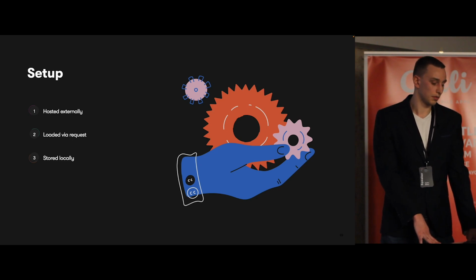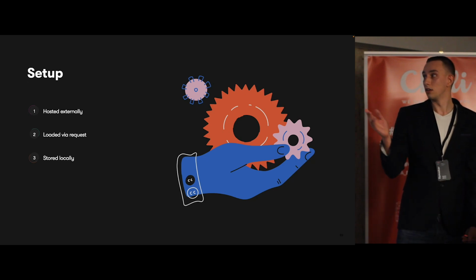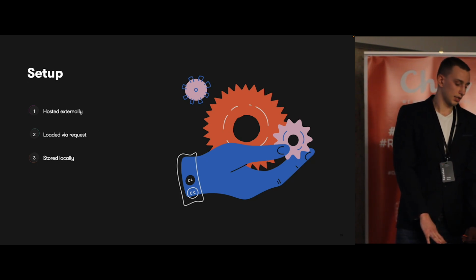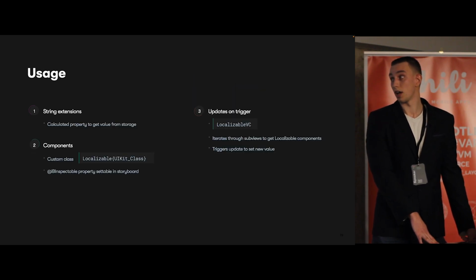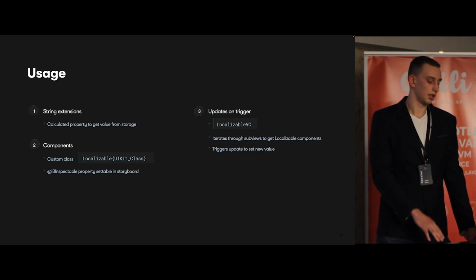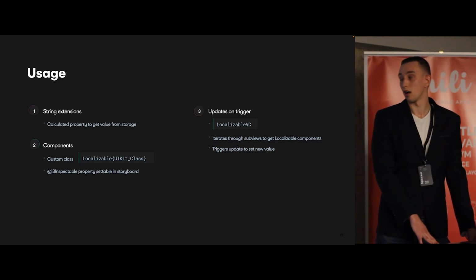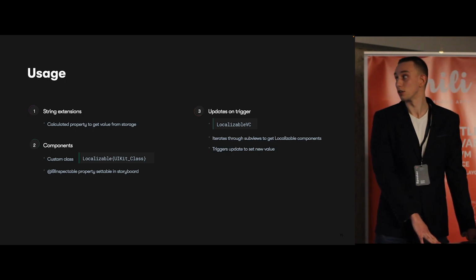We also used some components for ease of use. We had a localizable UIKit class, let's say a localizable UILabel, which had an IBInspectable property, which allowed us to set it in the Interface Builder and not make outlets for every label we have in the app, just to set the localization.